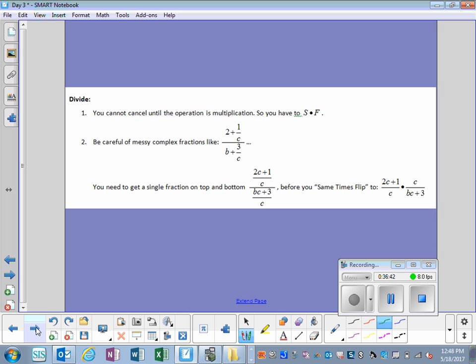If I see a complex fraction, first I want to make sure that whatever crazy thing is happening in the denominator and numerator, I make them a single fraction. Single fraction numerator, single fraction denominator. Then I rewrite my complex fraction as a division problem, and then as a multiplication problem, and I'm back to multiplication. Do you want to spend like 5 minutes doing the problems here?